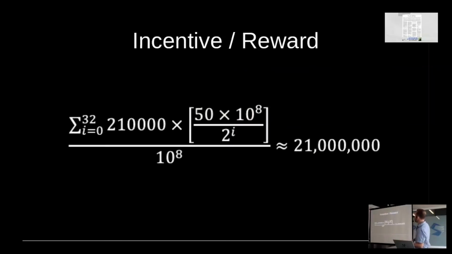And yeah, so why would you go through all this trouble? Because there's an incentive. When you produce a block, the first transaction in each block is a special transaction called the Coinbase. And it is the only transaction in a block that's allowed to print money.